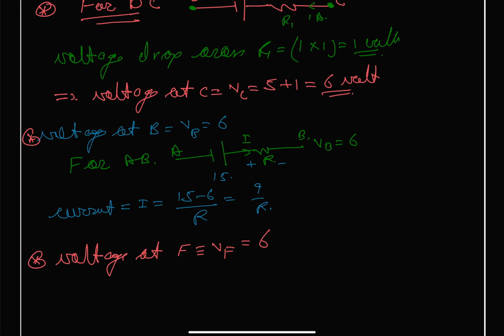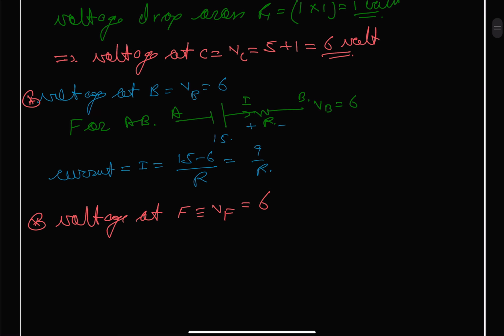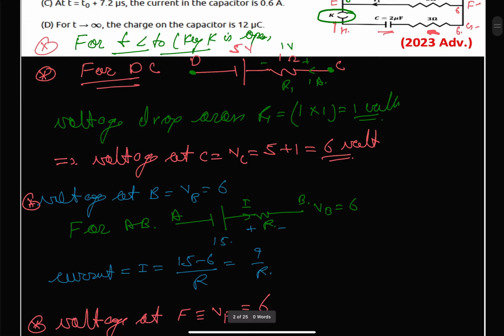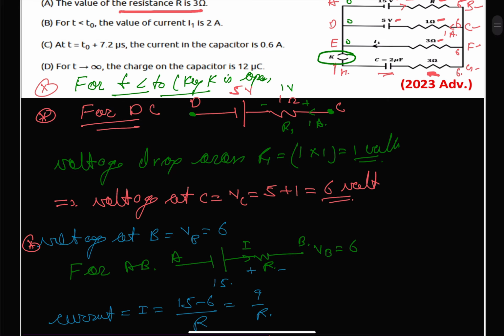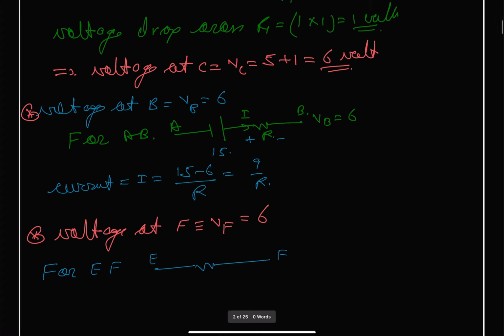Therefore for branch EF, because there is no voltage source, this is our E and we have F, and the current through here is our I1.